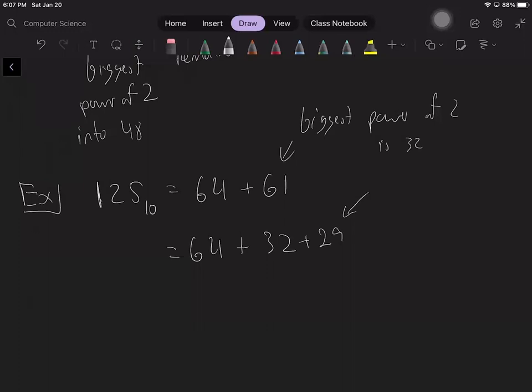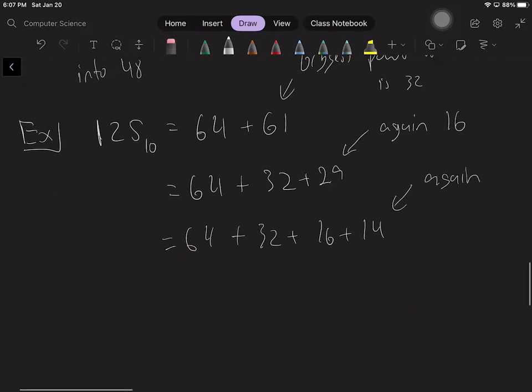Then you got to do it again. Now the biggest power of 2 that goes into 29 is 16. So the 29 breaks down into 16 and 14. Then you do it again. Now 8 goes into 14, with 6 left over.